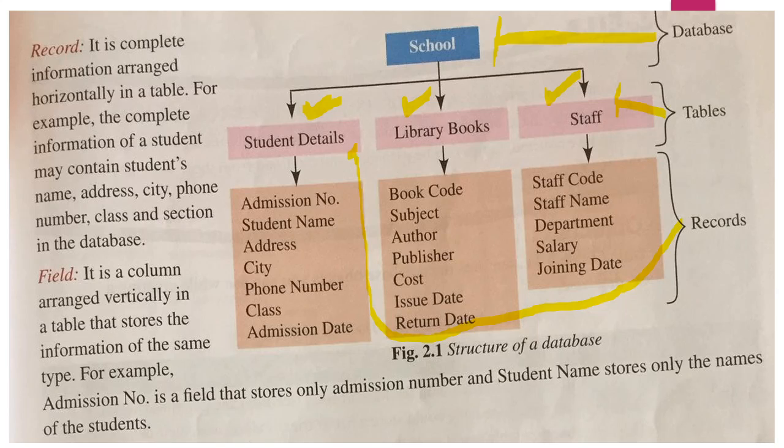So these are tables, and this is the name of the database. And these are records. So all of these are records. So now I will choose the name school.